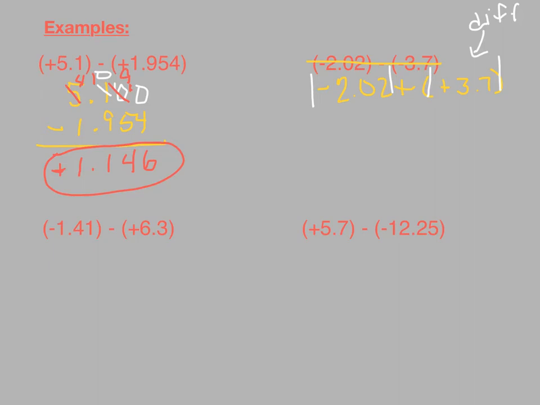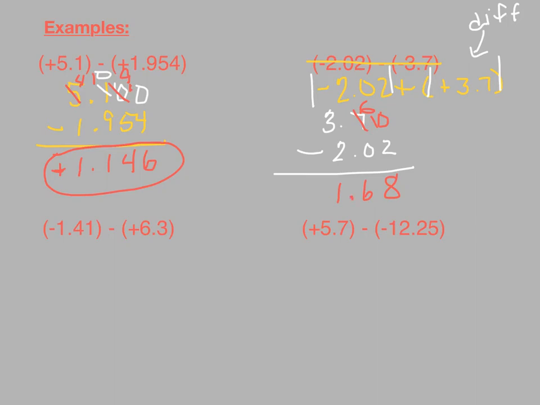I'm finding the difference because these signs in my new problem are different. So the larger of those two absolute values, of course, is going to be 3.7. So I'm going to have 3.7 minus 2.02. I'm going to need to put a placeholder in here. I can't take 2 away from 0, so I'm going to borrow from the 7. It becomes a 6. 10 minus 2 is 8. 6 minus 0 is 6. 3 minus 2 is 1.